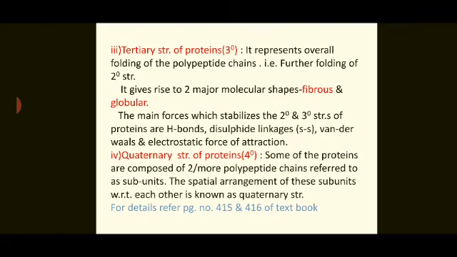Consider the train as a protein. Each bogie is considered as an amino acid. If two bogies are joined to each other, the middle part where they are joined is called a peptide bond, and the two bogies are the two amino acids, that is peptides. So by linking such a number of amino acids, it forms the proteins.